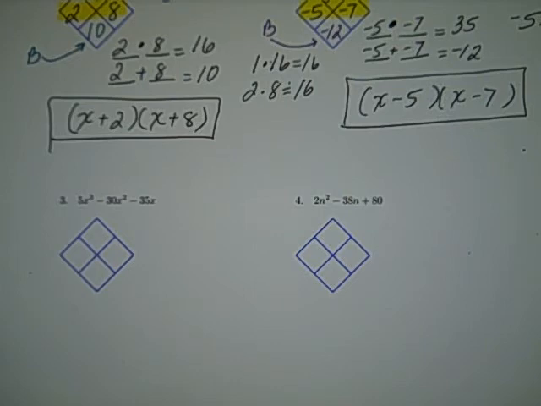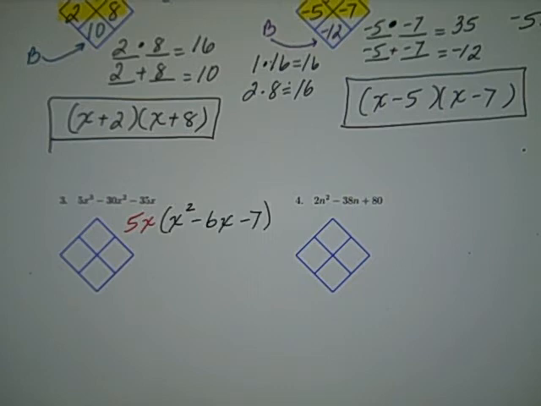Look at all the terms and identify the GCF. Looking at your numbers, your GCF is 5 and also x. If we factor 5x out of the first term, we would have x squared minus 6x minus 7.